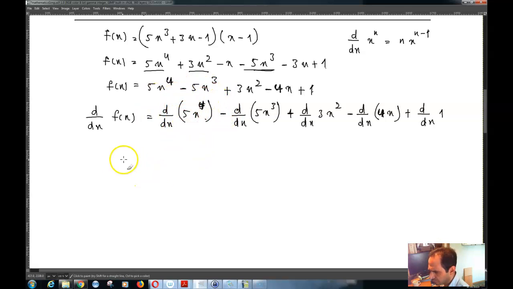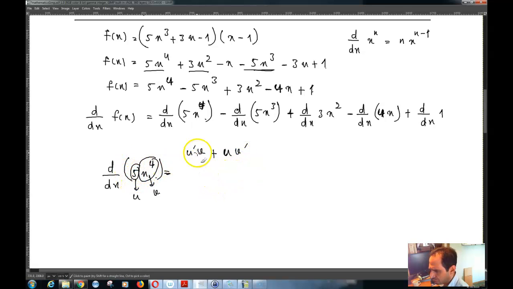For example, if you have d by dx of 5x raised to the power 4, if I take the 5 as u and x to the 4 as v, then I would have u prime times v plus u times v prime.